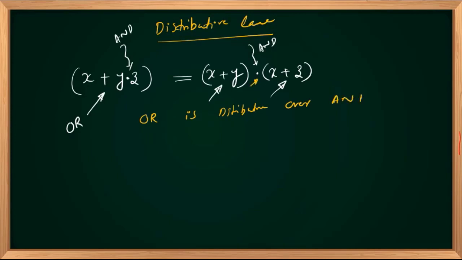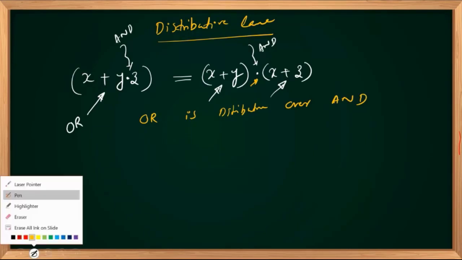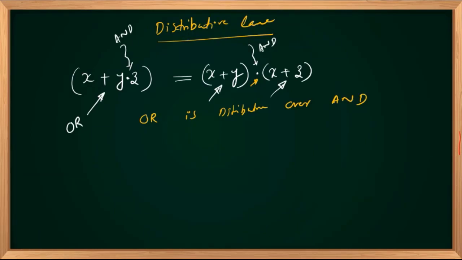So x plus yz can be expanded as x plus y dot x plus z, or the other way, the expression x plus y dot x plus z can be simplified into x plus yz. Both ways it is correct.